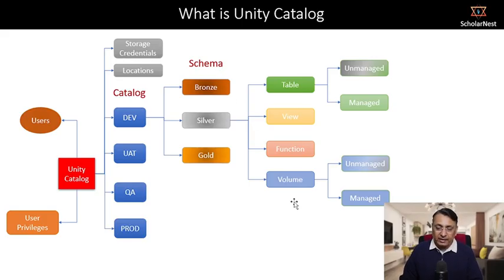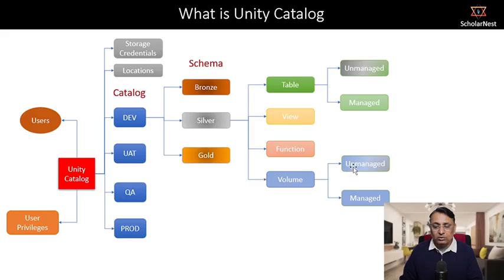I hope you already understand that tables are of 2 types in Spark: unmanaged tables or external tables, and managed tables. So you can create unmanaged tables, managed tables, views, user defined functions, and you can also create volumes.